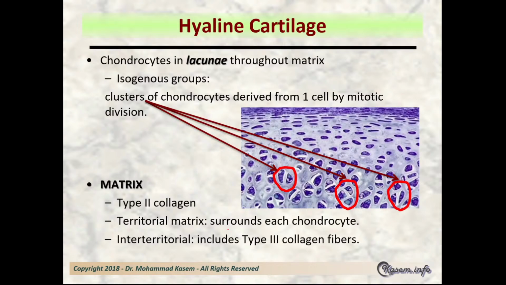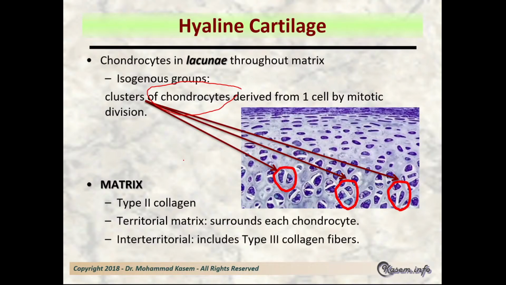The intercellular matrix is transparent, looks homogeneous, and the major type of cell is the chondrocytes. The chondrocytes may be found individually or in groups of 2 cells or more, 4 cells, 6 cells, whatever. These groups are called cell nests or isogenous groups, which are formed by mitosis of chondrocytes.